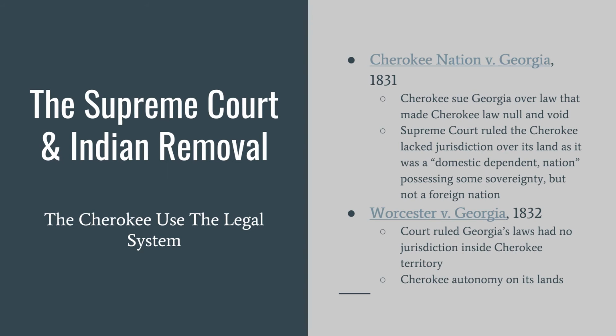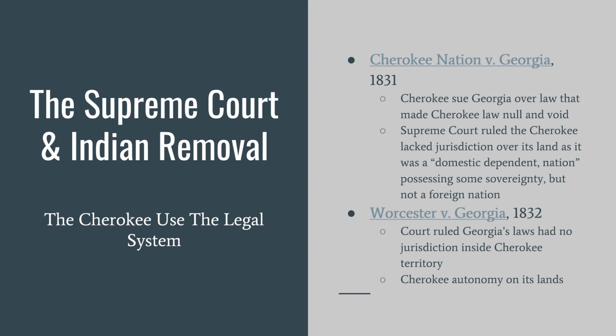And the Supreme Court actually ruled that the Cherokee lacked jurisdiction over its land as it was a, quote, domestic dependent nation. And while they possessed some sovereignty, they weren't considered a foreign nation under the Constitution in order to have some of those rights to bring the lawsuit.